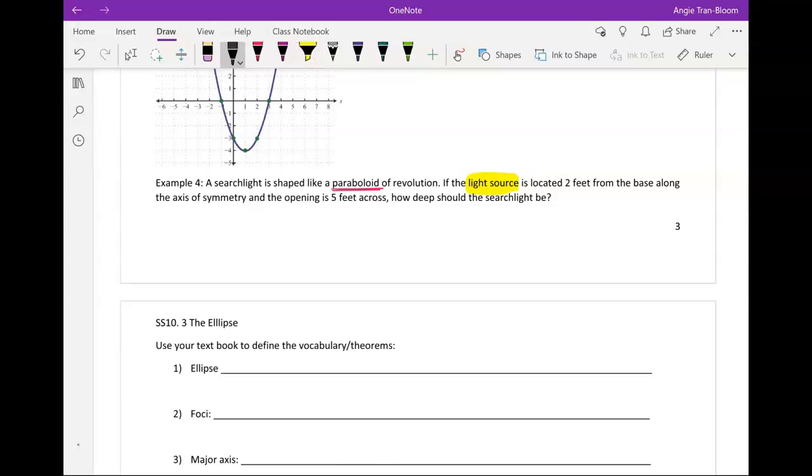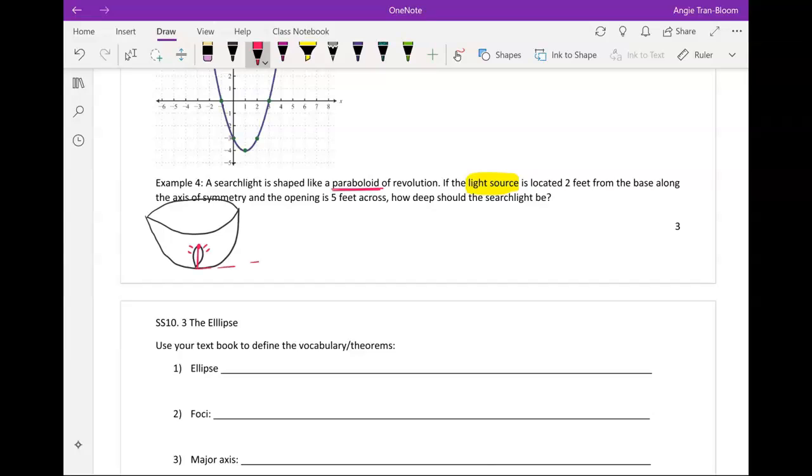So a searchlight is in essence a flashlight. And a flashlight, I'm going to try my best to draw it for you, okay? Here's sort of, and there's a light bulb somewhere in the bottom, and we have the light source. So that's a light source. Now the light source is the focus from the base.